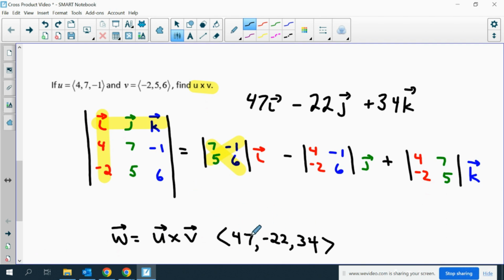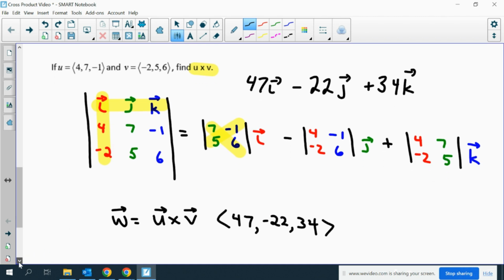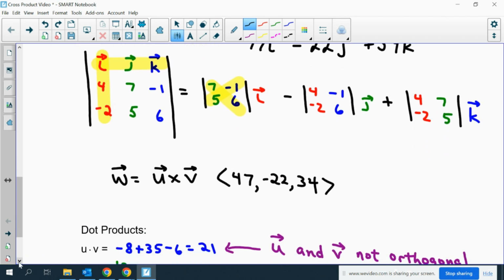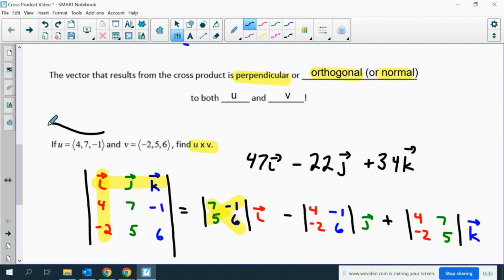And we're going to confirm that this is orthogonal to both u and v. So first what we're going to do is the dot product of u and v, and we see that we get 21. So u and v are not orthogonal. That's something that's not required. When we do this, we can just take any two vectors. You can pick any two vectors that you want, take a cross product. These two vectors are not orthogonal.